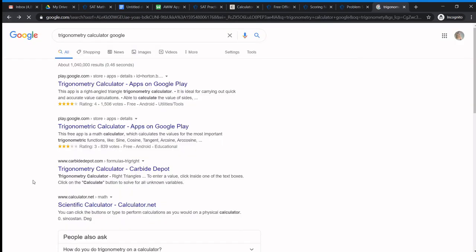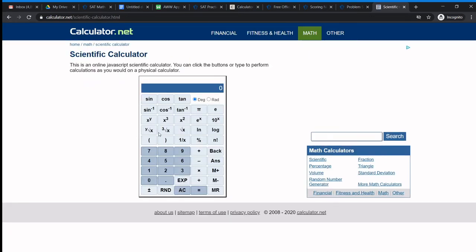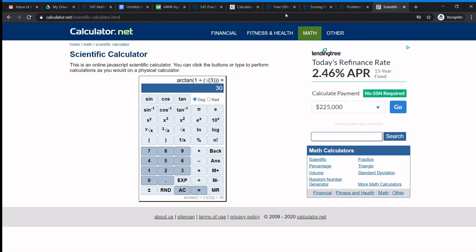Oh, well, I don't want that. Sorry, scientific calculator should work. Alright, so we'll use the inverse tangent of 1 divided by, and then we'll put the square root of 3, and that is 30. So it's 30 degrees.